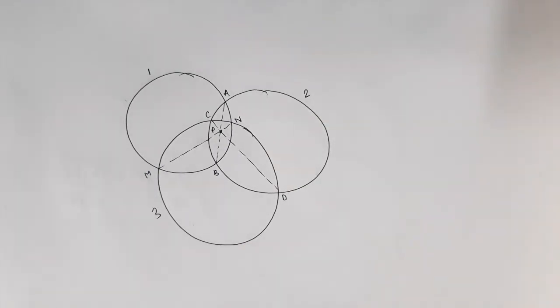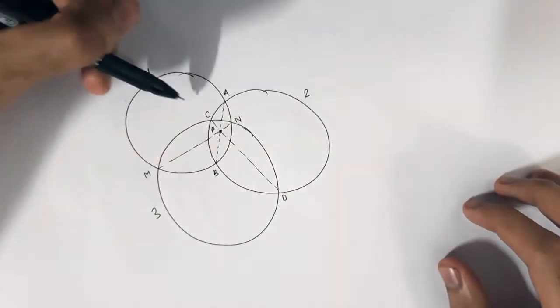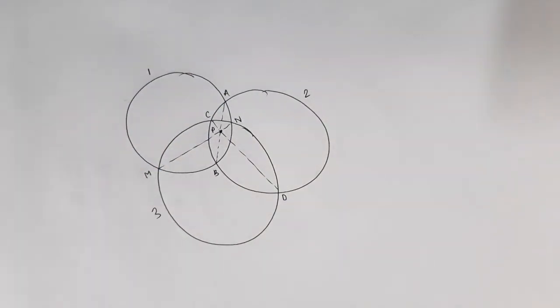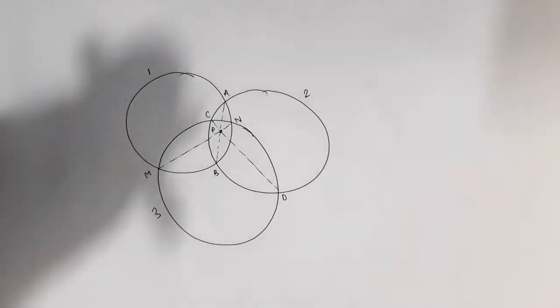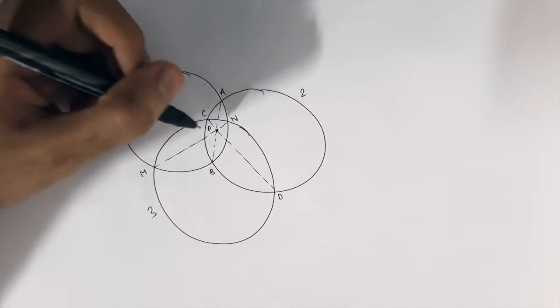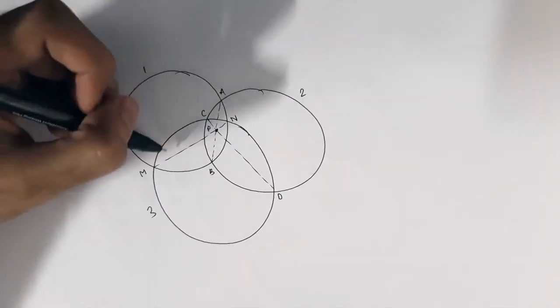Here's how we'll go about it: we'll assume that MN and CD intersect at P, and then we'll prove that AB has to pass through P. Now since P lies on MN and MN is the common chord of 1 and 3, the power of P with respect to 1 and 3 has to be equal.